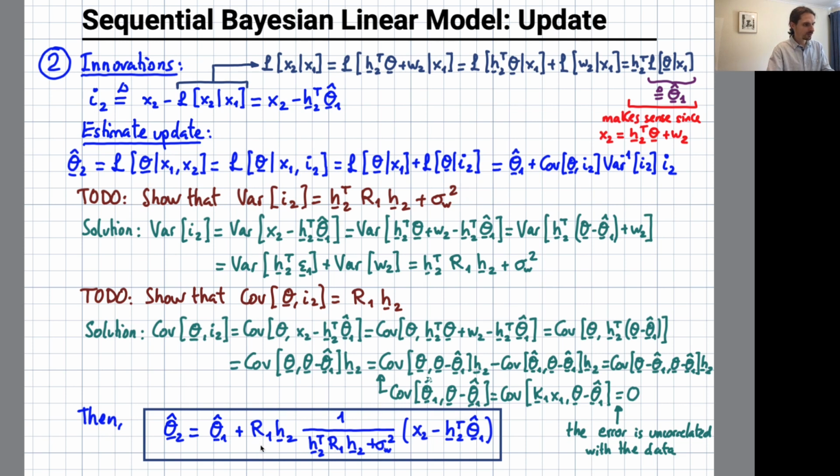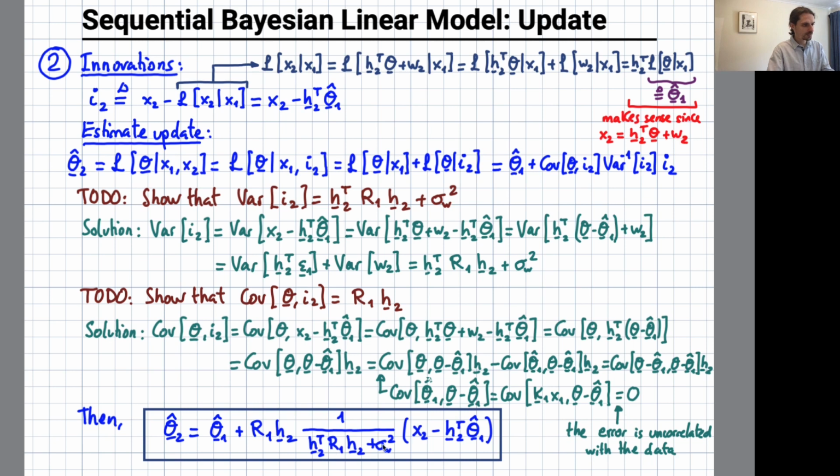So, for example, we can think what happens if h2 is small relative to sigma w squared. In that case, it means that our signal component is very weak. We have a lot of noise, right?